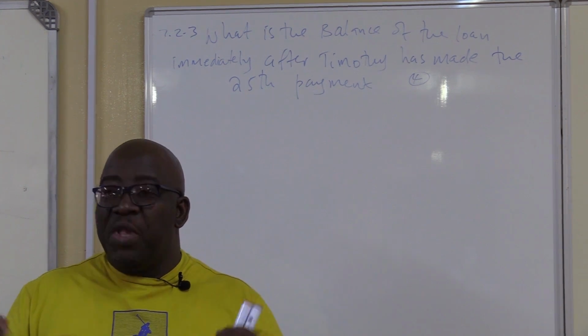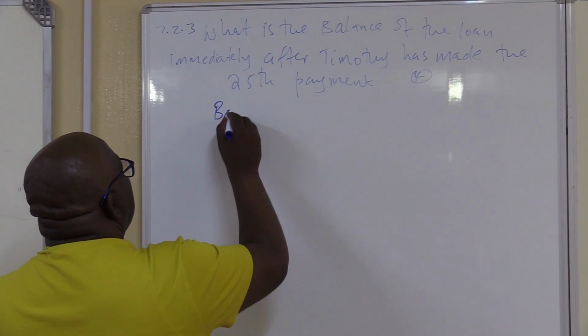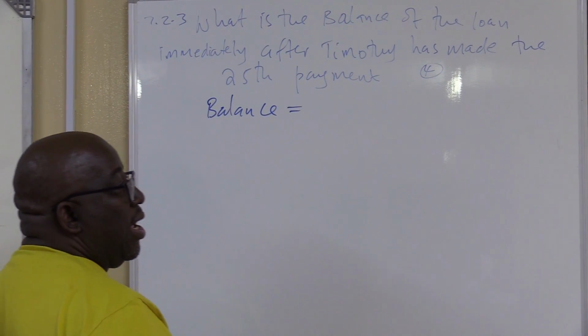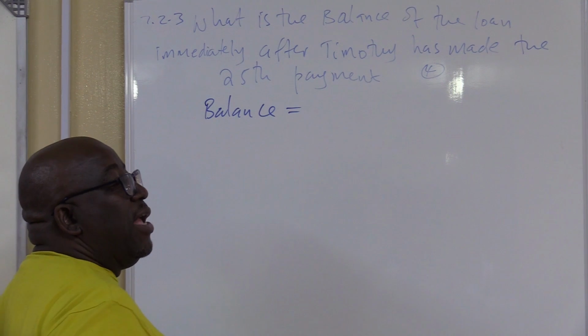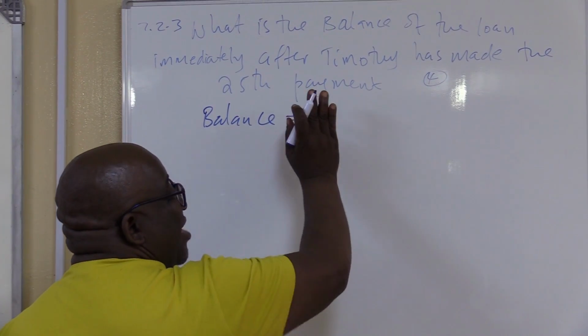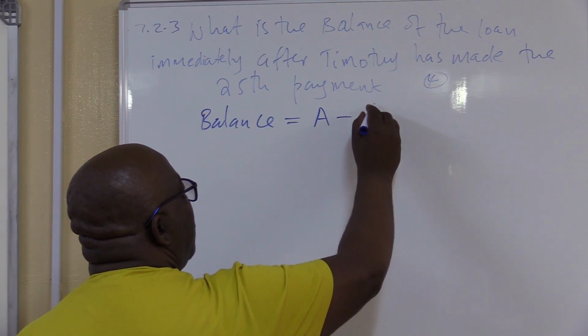So in simple terms, the balance will be equal to the loan, which is going up, that is A, because I'm not making any payments on the loan, it will grow, minus my future value.